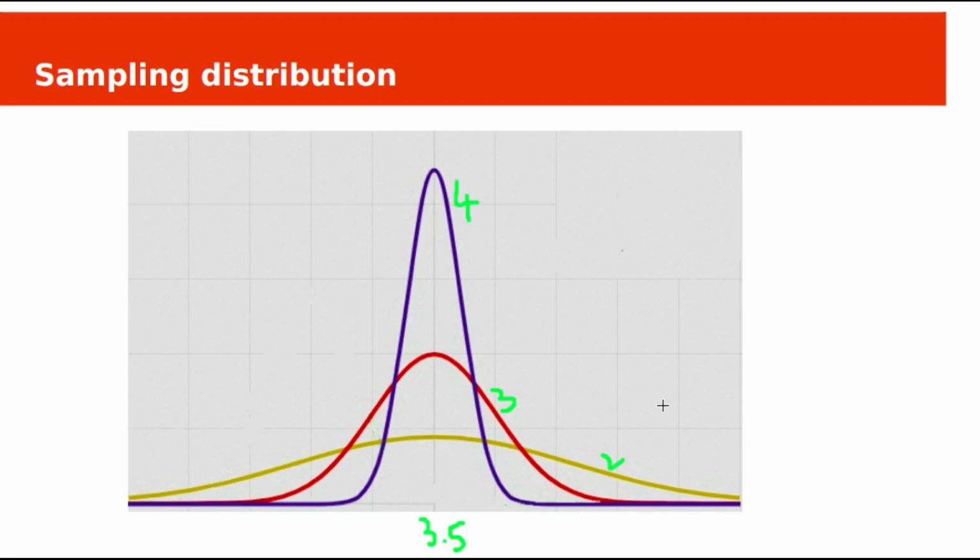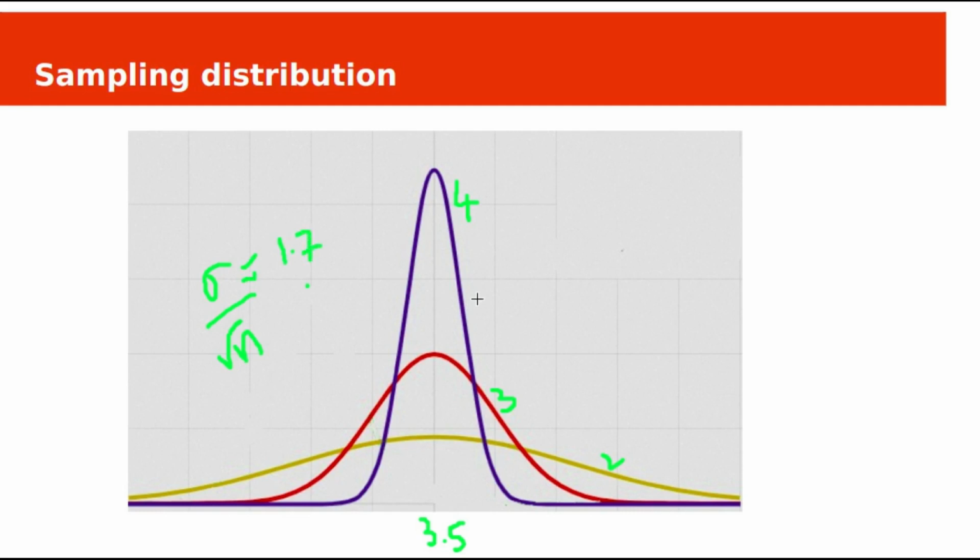The rate of change of the standard deviation of the average is equal to the standard deviation of the population divided by the square root of the number of samples. Here our population standard deviation sigma equals 1.7.